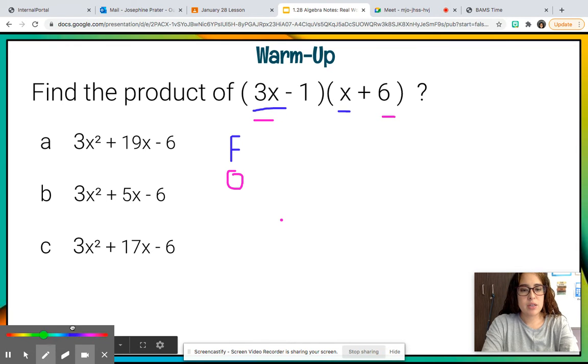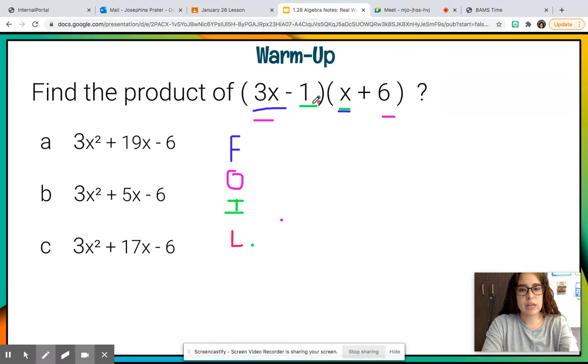Next would be I, and that would be your inner terms. And then next it'll be L, which are your last terms, to multiply those. So this helps us multiply what we need to.